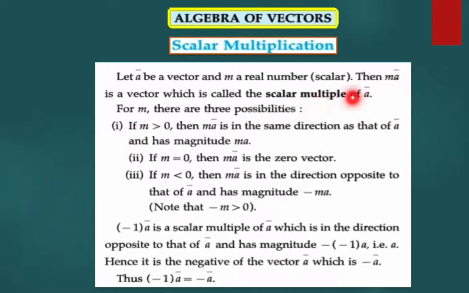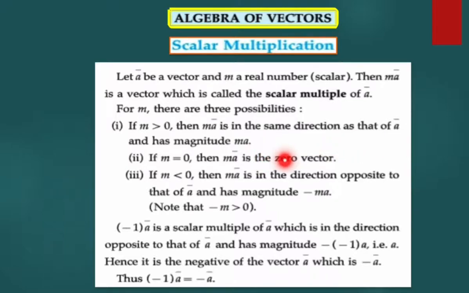So depending on the value of the scalar, that is, whether the scalar is positive, negative or equal to 0, for m there are three possibilities. The first possibility is if m is greater than 0, then m a bar is in the same direction as that of a bar and has magnitude m a.